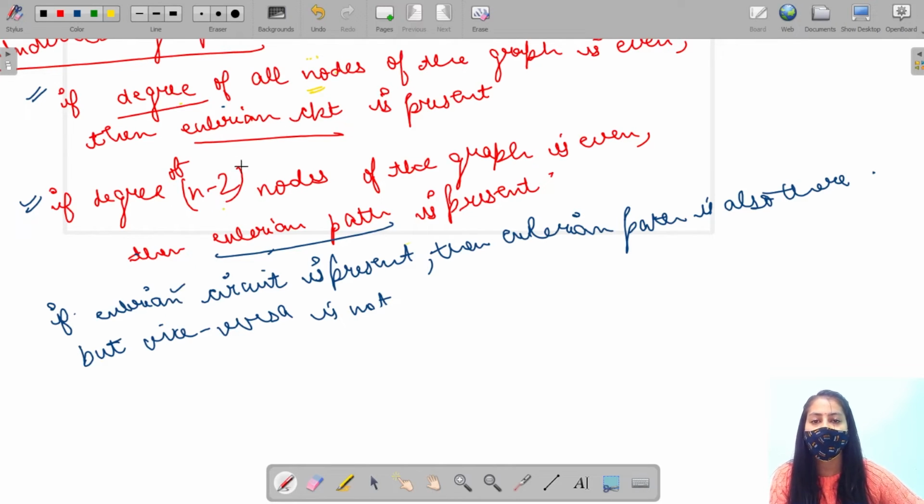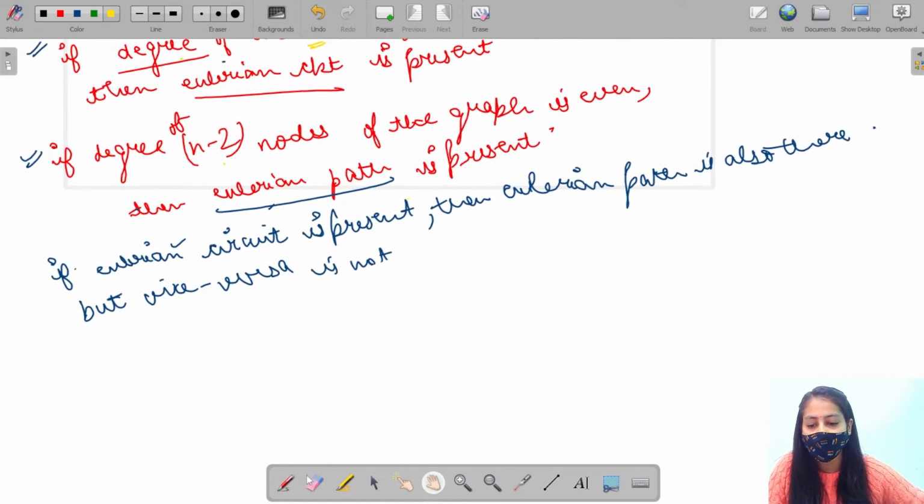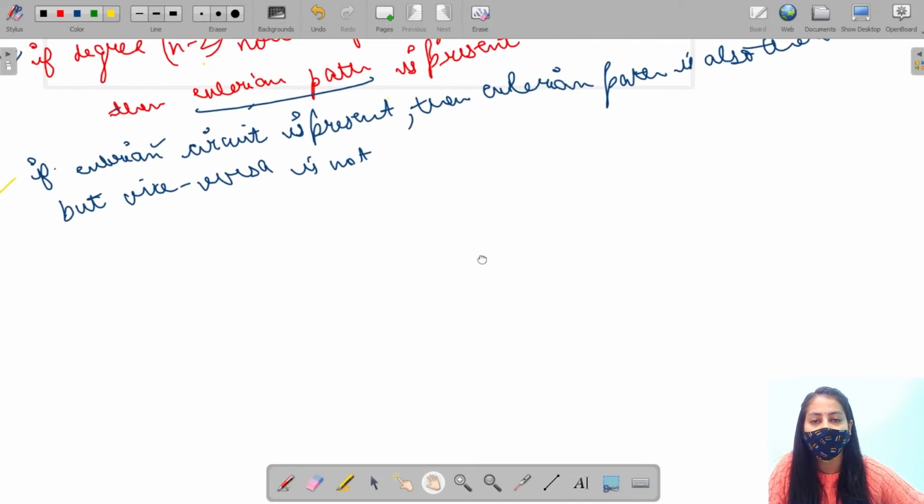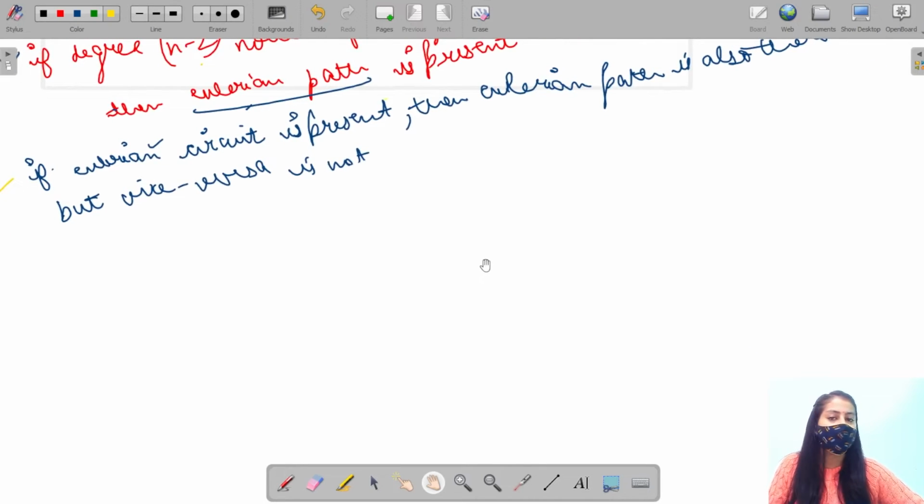And if the degree of n minus 2 nodes of a graph is even, that is, two nodes contain odd degree, then an Eulerian path is present in that graph, right? Also, if an Eulerian circuit is present, then an Eulerian path must be present. But vice versa is not true. That is, it may be possible that an Eulerian path is present, but an Eulerian circuit is not there, right?